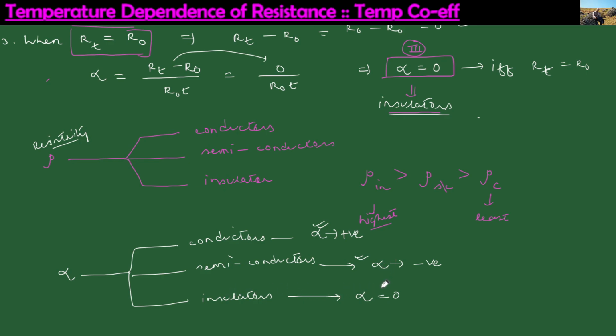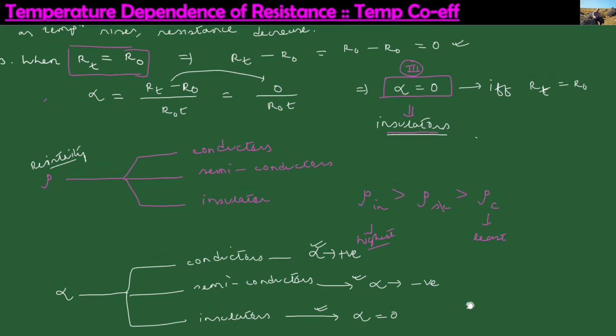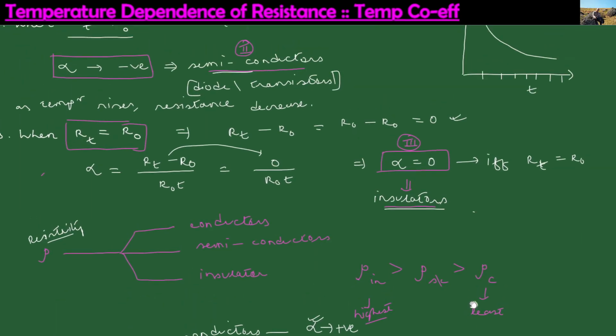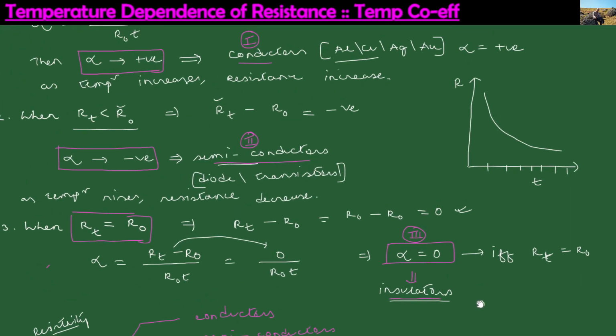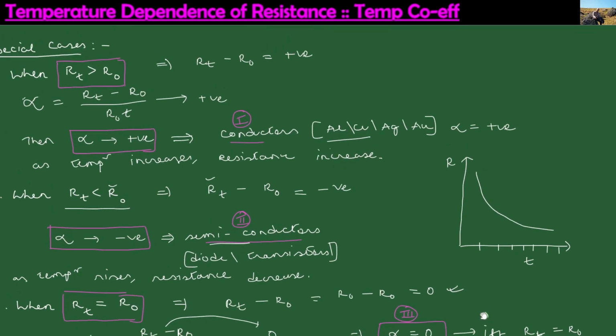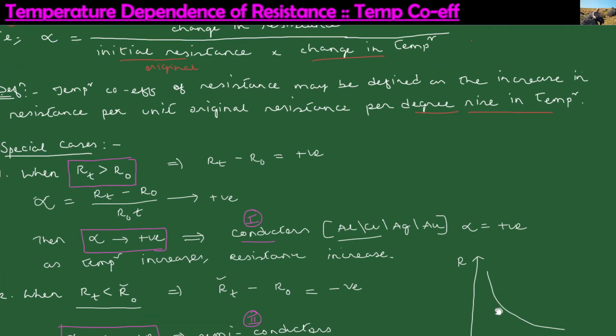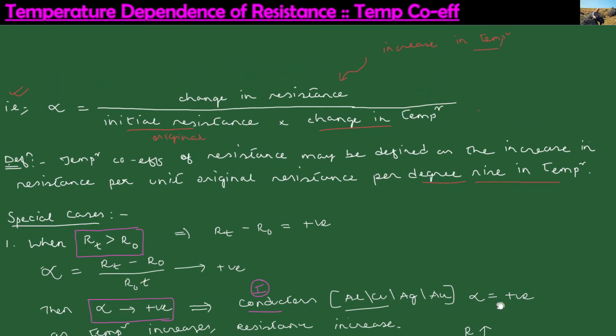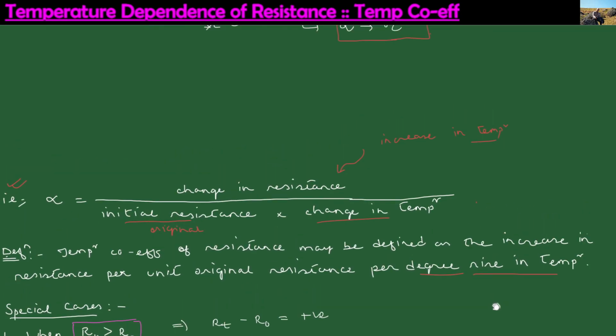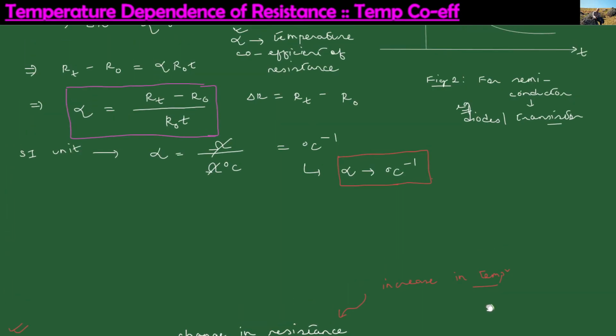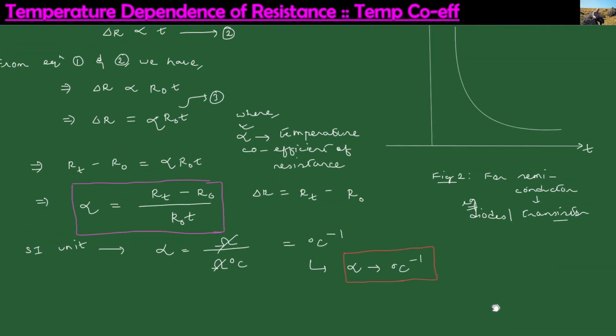In insulators, the resistance is almost equal at any point; as temperature increases, it will always have the same value of resistance. So just go through all those discussions so that you will have a clear picture of the relationship.